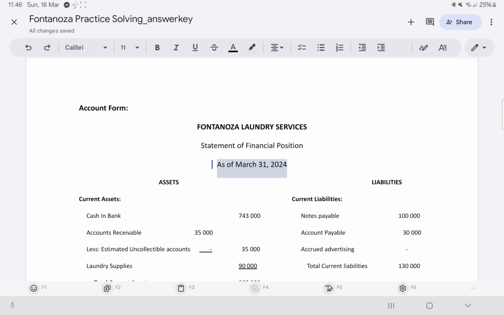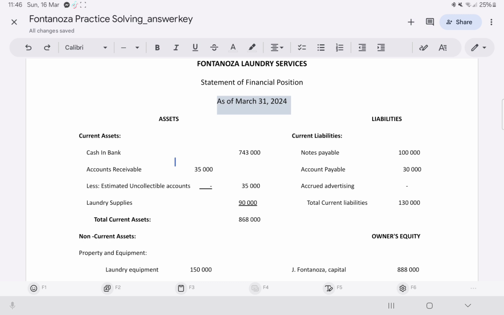Since this is the summary of all your reports, you need to indicate this terminology as of March 31, 2024, because this transaction is only for one month, in March, from March 1 until the last day of the month, or until 31.